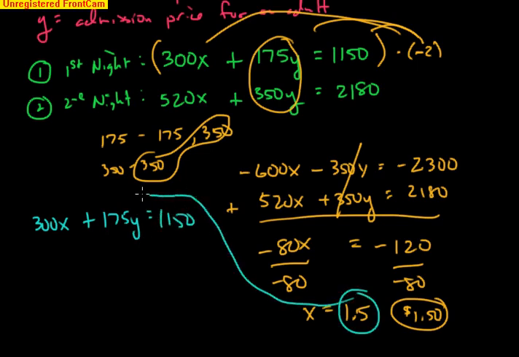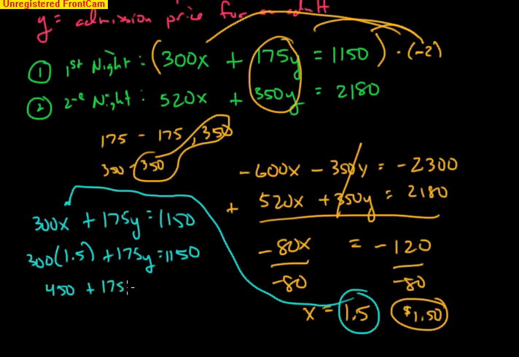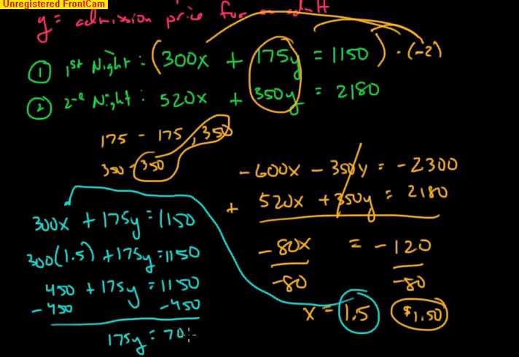This value of X goes here: 300 times 1.5 plus 175y equals 1150. 300 times 1.5 is 450, plus 175y equals 1150. Subtract the 450 from both sides. This gets you 175y equals 700.